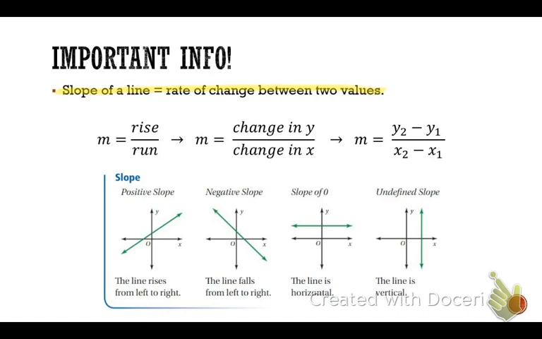Okay? What does that look like? In its most basic form, it means rise over run. M stands for slope. It's rise over run. All right? What does rise mean? It means the change in the y value divided by the change in the x value. I'm going to show you that in the next example. And a formula that can work to find that change is this formula right here: y2 minus y1 over x2 minus x1.